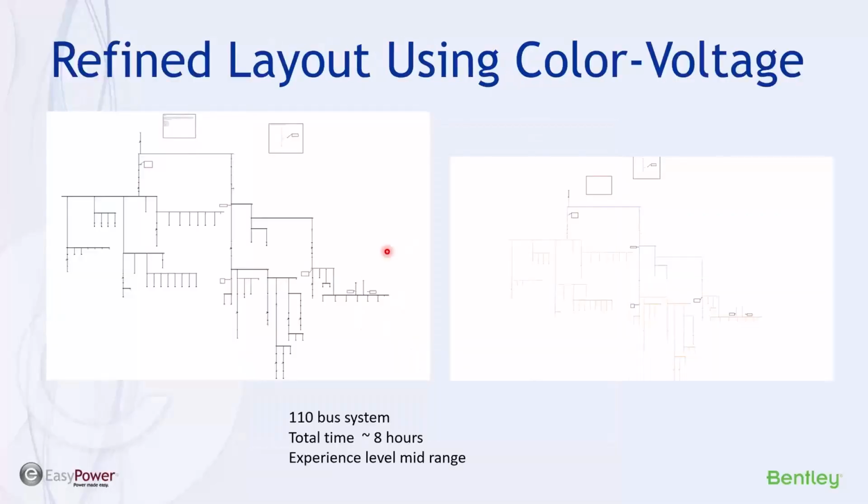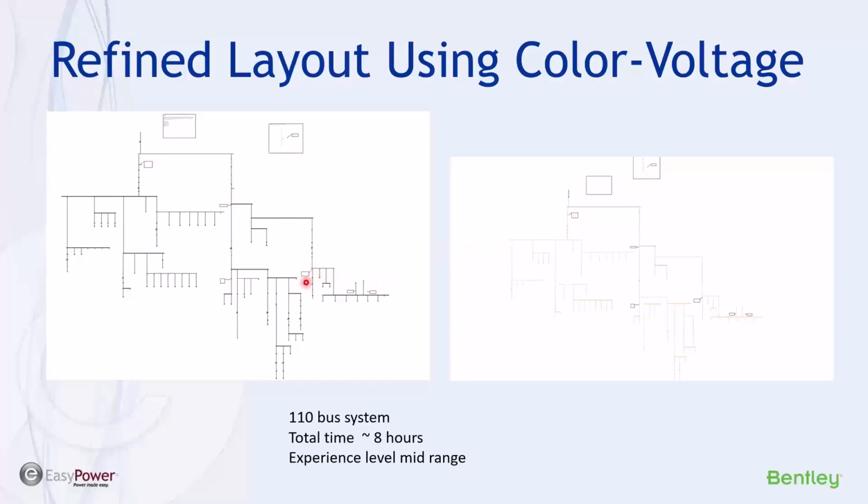But EasyPower gives us the ability, and it's difficult to see on this slide, but the different voltage levels can be color-coded, so you can drag in buses to certain sections to be lower in the system versus, say, higher voltage, which you may want to have higher up on the one line.